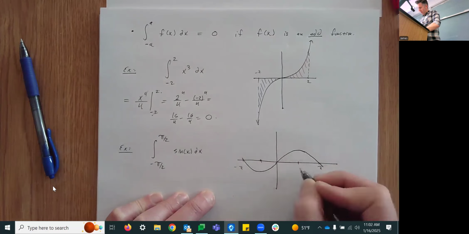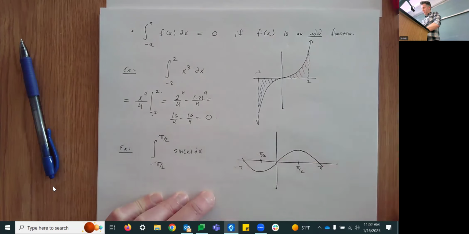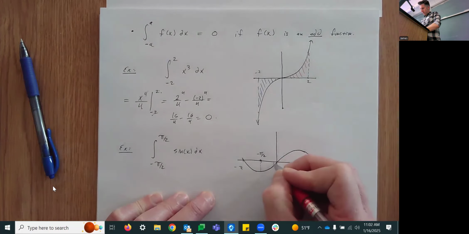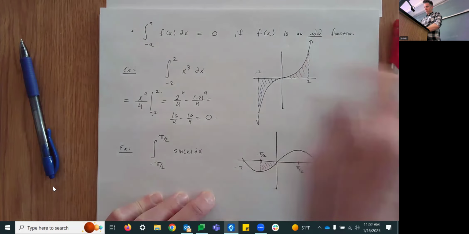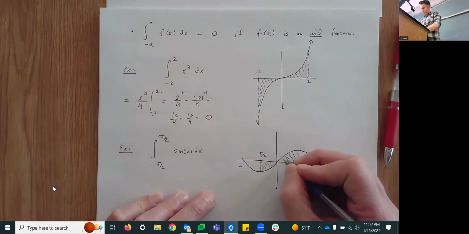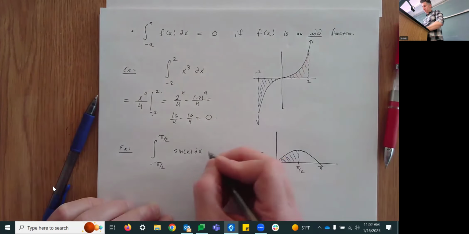And if we're going from negative pi over 2 to pi over 2, we're saying, oh yeah, this area here that's counting as negative is going to essentially balance out this area over here, which is counting as positive. So that's also going to be 0 for the same sort of reasons.